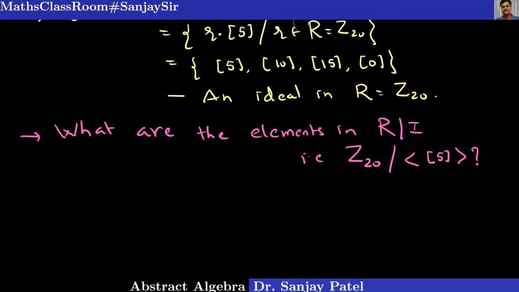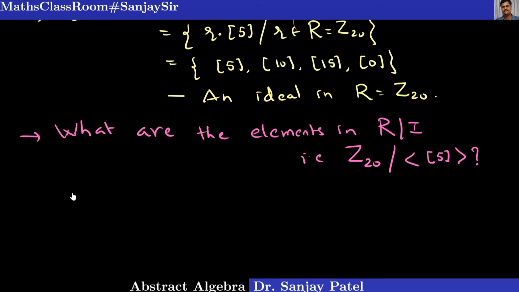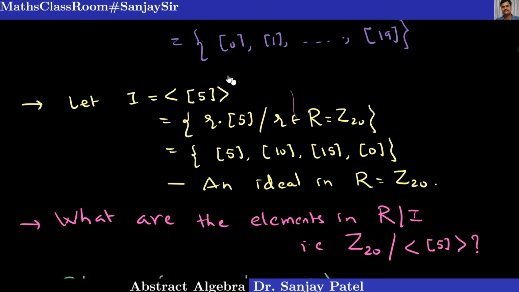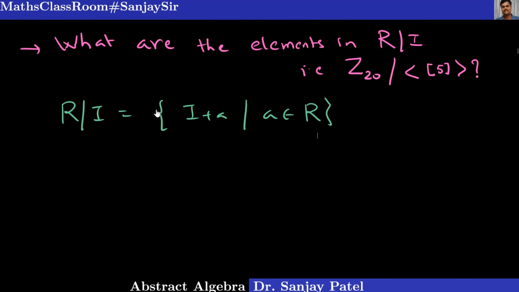You know that R mod I is the set of all cosets I plus A, where A belongs to the ring R. So one needs to find all possible cosets of this ideal by taking different elements 0 to 19 of the ring R. I will take the first element, say 0, I plus class 0.